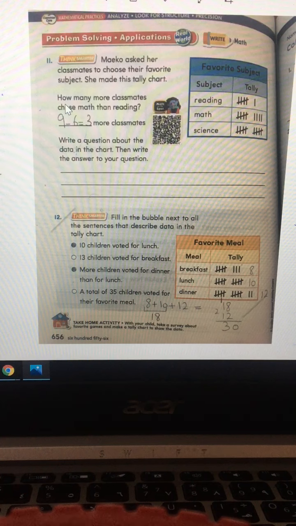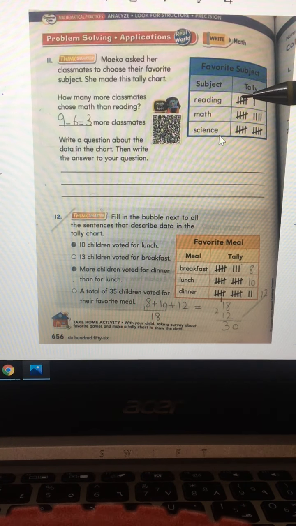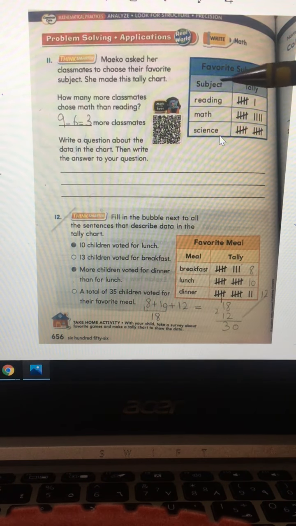Let's look at the question that we have related to this survey. How many more classmates chose math than reading? Let me tell you a note. This represents the number 5 in the tally marks.